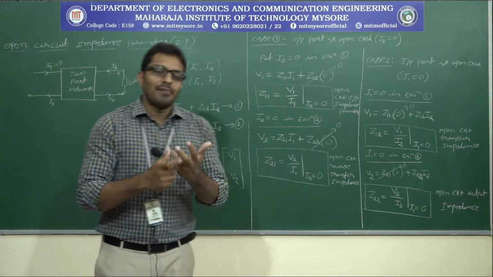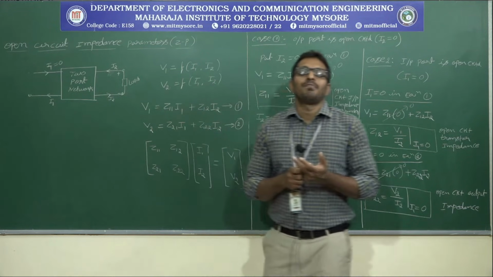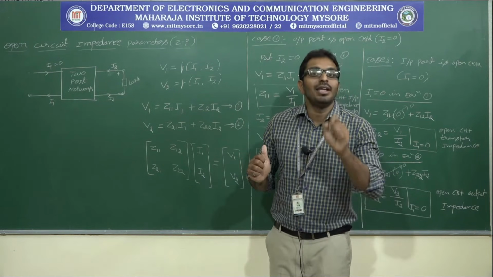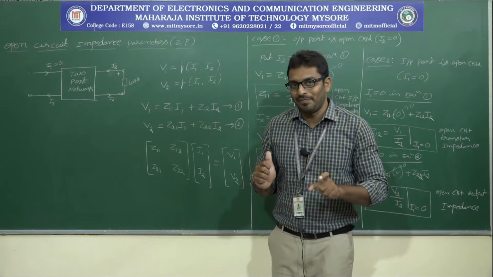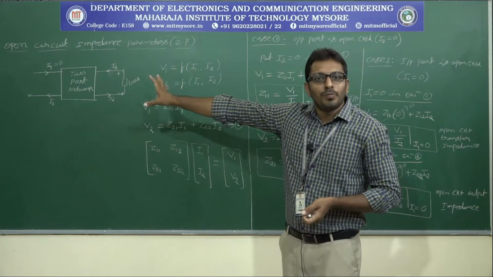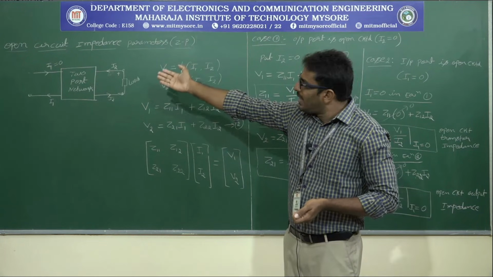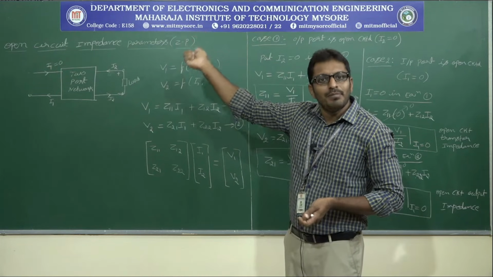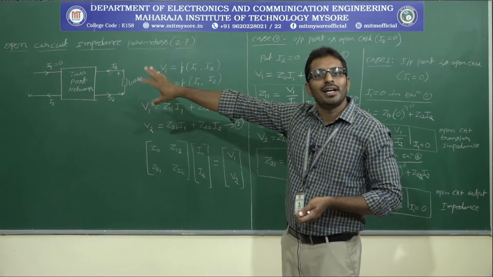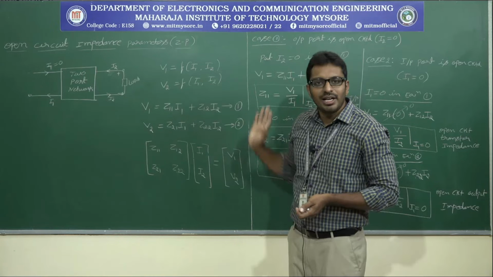Say in examination the question is clear: explain Z parameters for two-port network with equivalent circuit diagram. First you need to explain the general two-port network. After that, Z parameters are explained by expressing voltages at input and output ports in terms of current at input and output ports. Therefore, V1 and V2 are functions of I1 and I2.